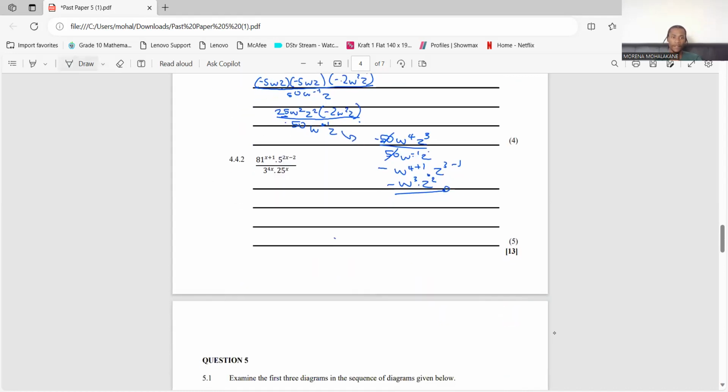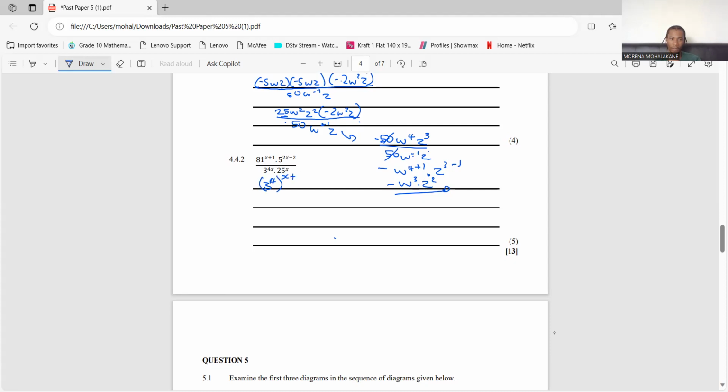Now getting into the next question. If you are given exponents with at least a binomial, and then you have squares or cubes, make sure you reduce them to their prime numbers. The prime factor here for 81 is 3 exponent 4.